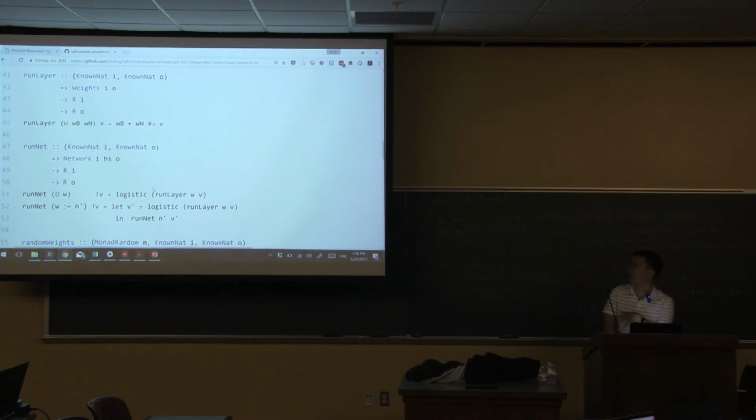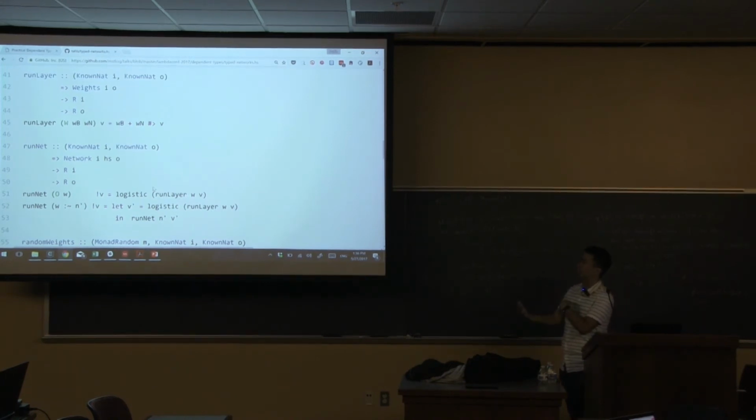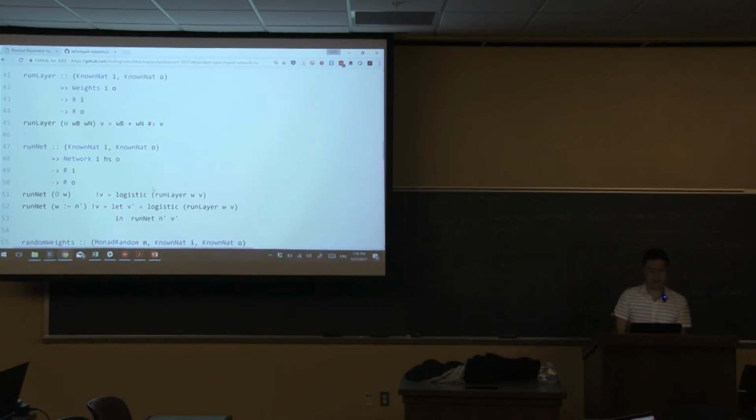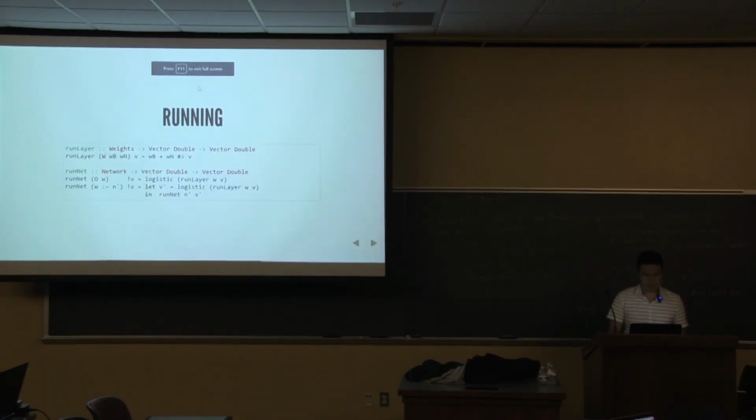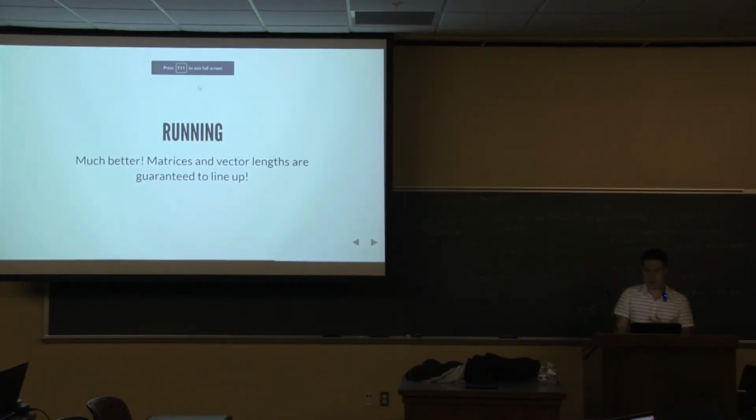So with no change in code, with minimal change in expressiveness, we're just as expressive as before. Our writing is no less cluttered. It's just as clean as before. We added type safety for free, and then the guaranteed lineup.